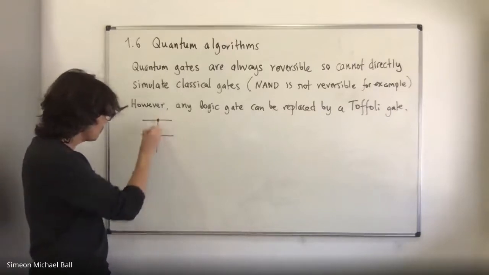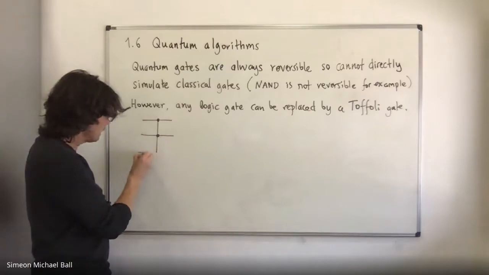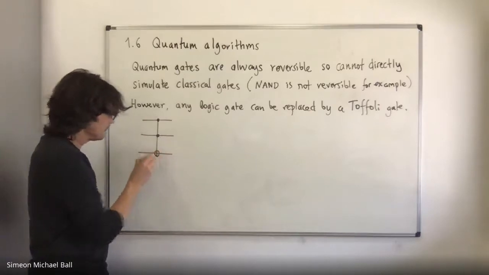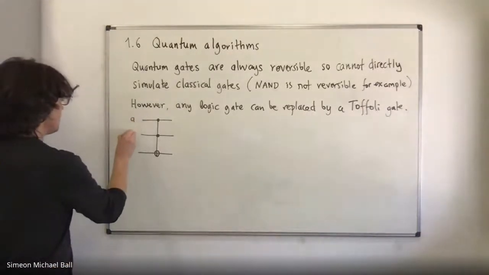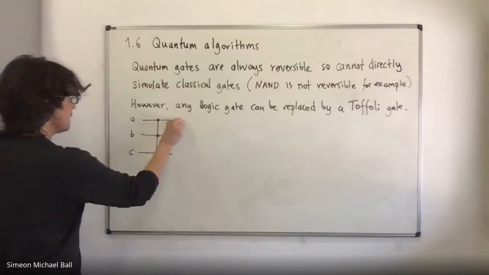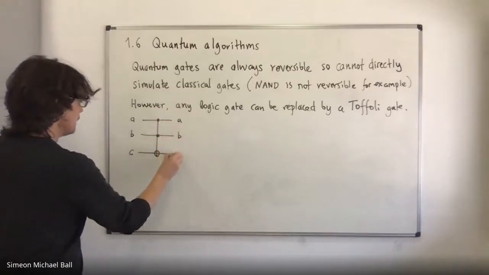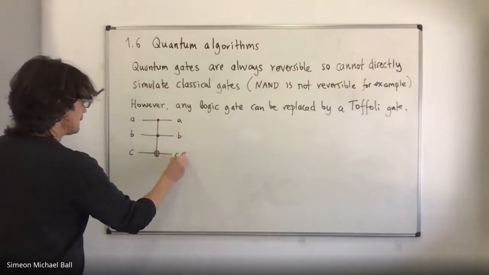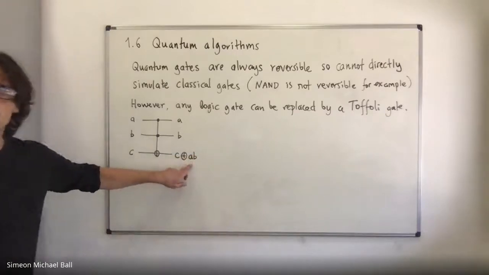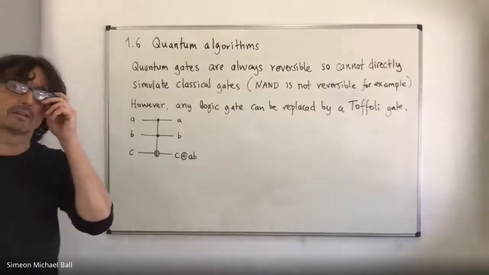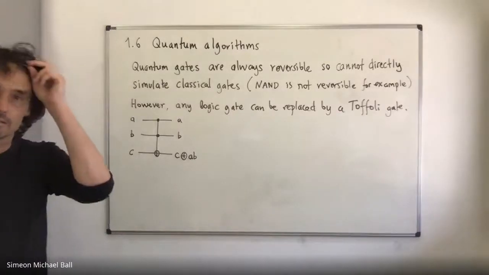So there are 2 control bits, and then here we have our C naught. By definition, if we have A, B, C, A is coming out here, B is coming out here, and this is C. And you need both the A and the B to be 1, otherwise you don't do anything.